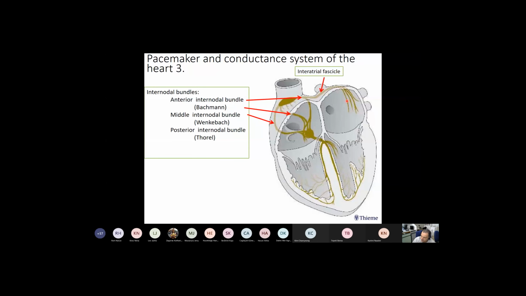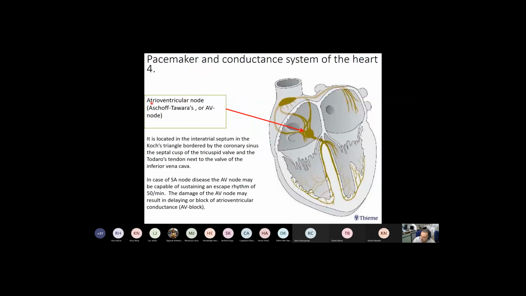The next center I would like to point out is the atrioventricular node, also called AV node. The Aschoff-Tawara node is what it is also called. This is located in the Koch's triangle, which is situated next to the opening of the coronary sinus above the tricuspid valve and the valve of the inferior vena cava.